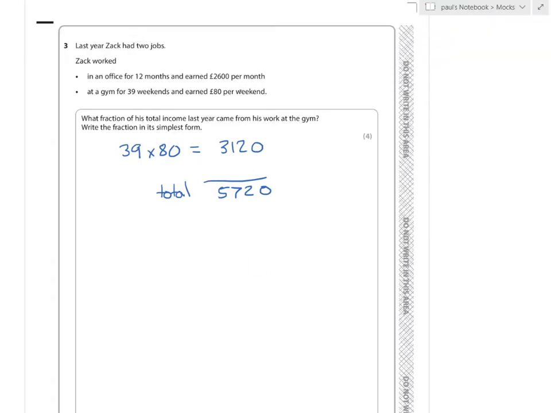So we need his annual, which is 2600 times 12. So 2600 times 12 is 31200.